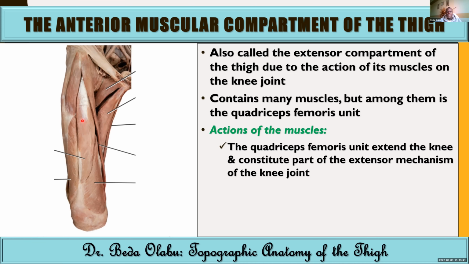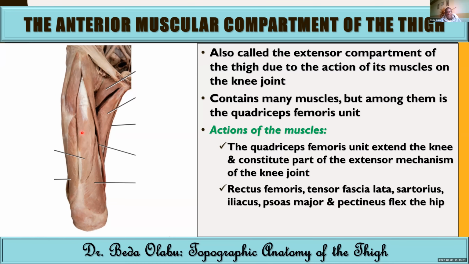So this muscle will flex the hip as well as extend the knee. The other three components of the quadriceps femoris unit will only extend the knee. Apart from rectus femoris, tensor fasciae latae also flexes the hip.